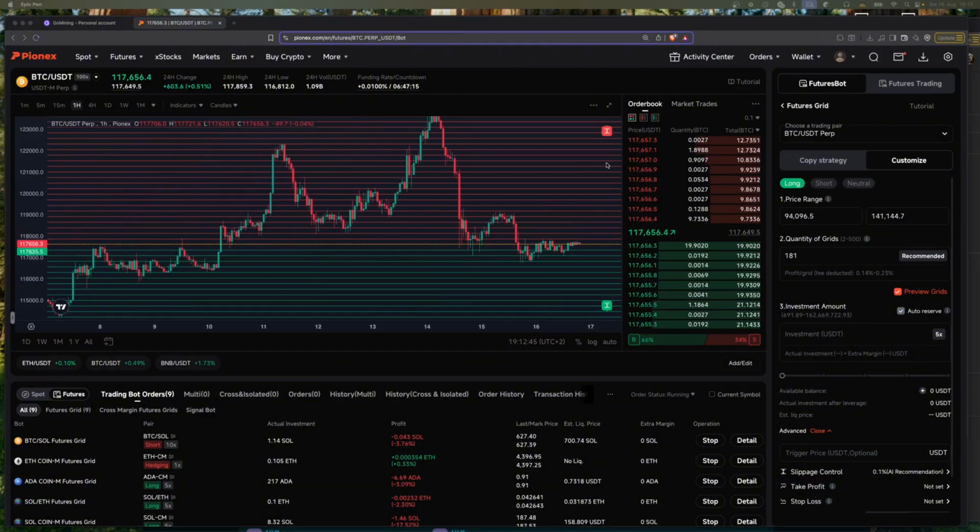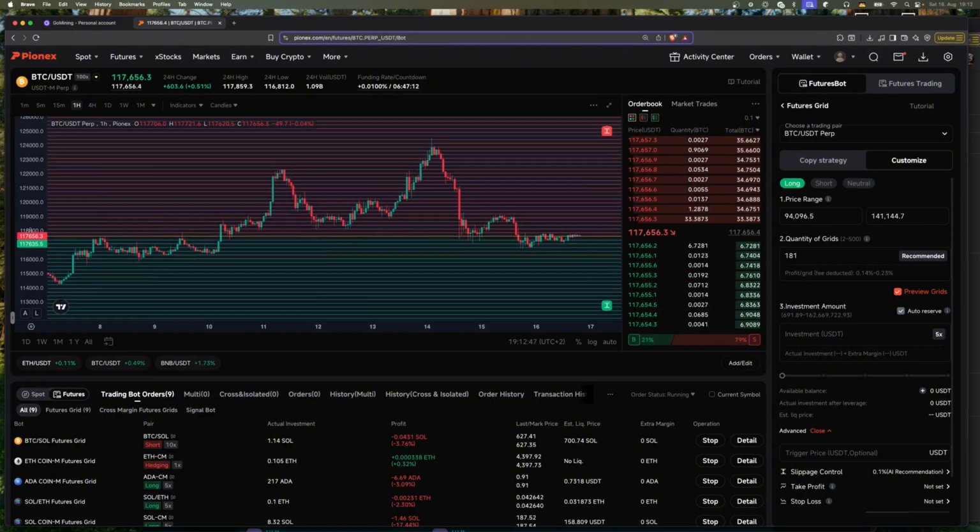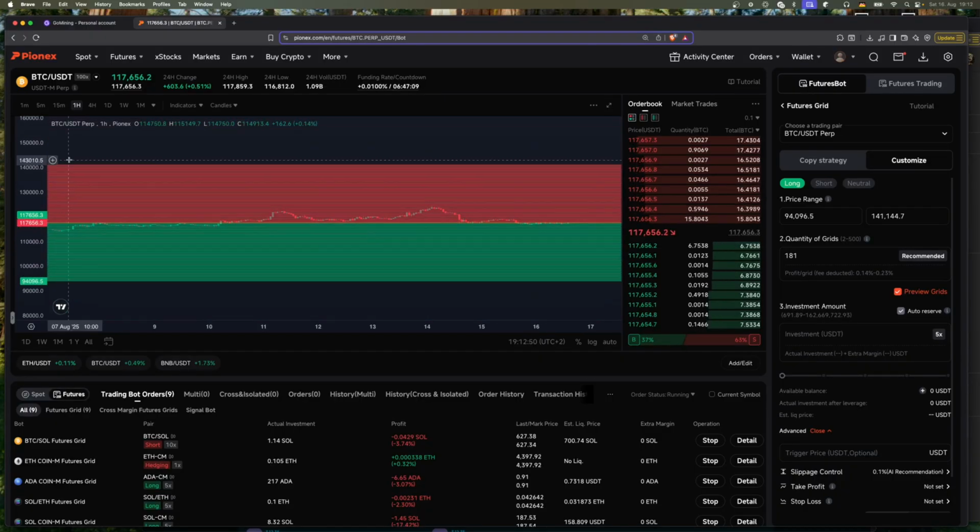So when you scroll up and we make it smaller, you can see at these ranges, above here or below here, the bot would stop arbitraging. He's only working in this area here. And he will split this area currently into 181 grids, as you can see here. Why is this important?